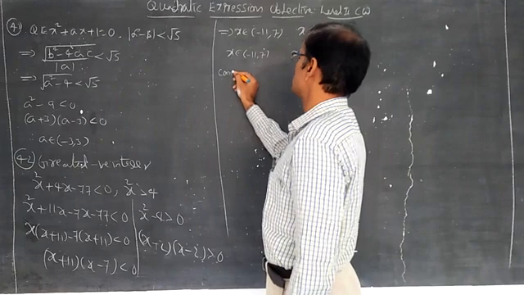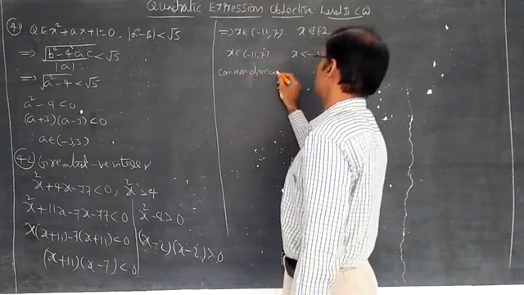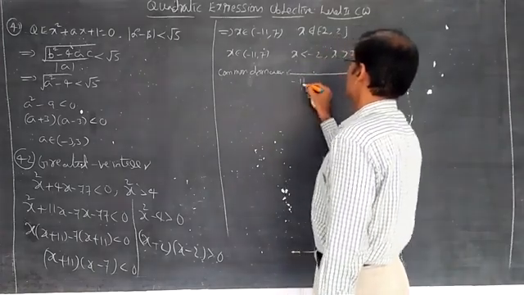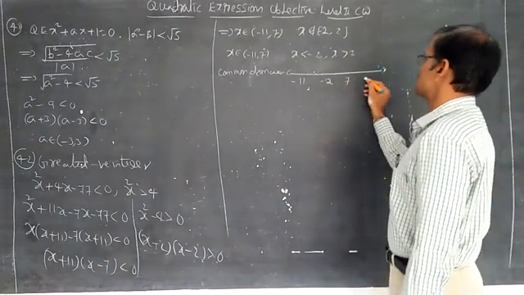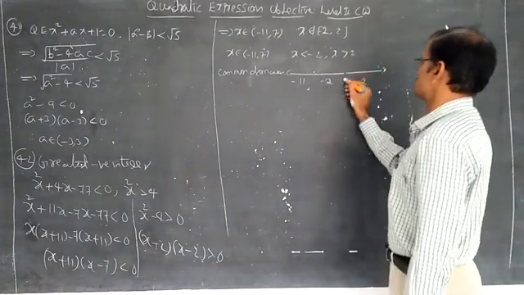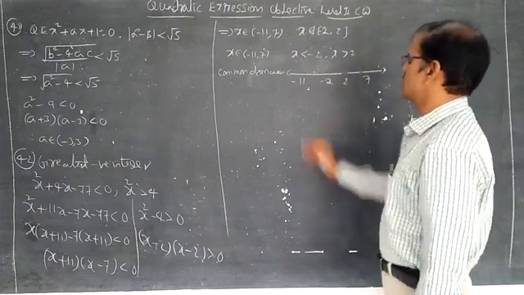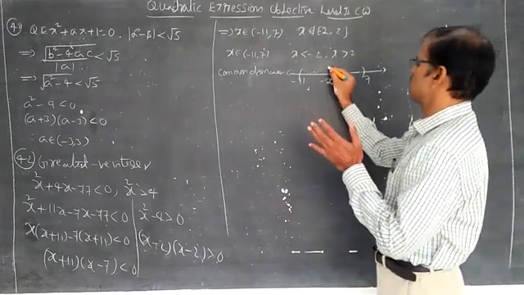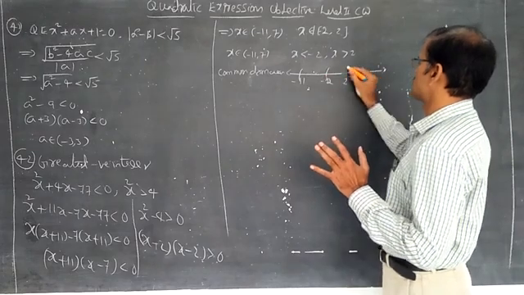Depending upon these two sets of values, we can take a common domain. Here minus 11, minus 2 and 7, and 2 and 7. We bracket minus 11 comma 7, with the concept of less than minus 2 and greater than 2.